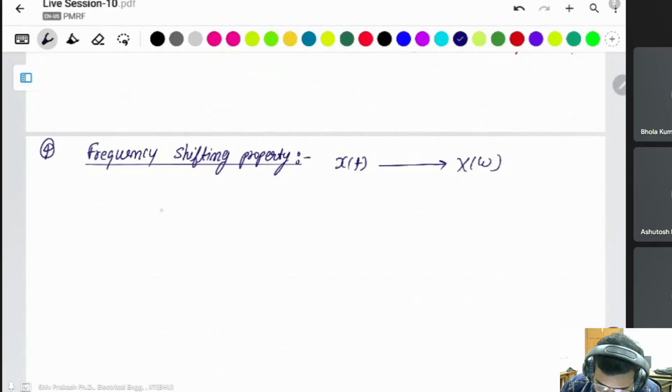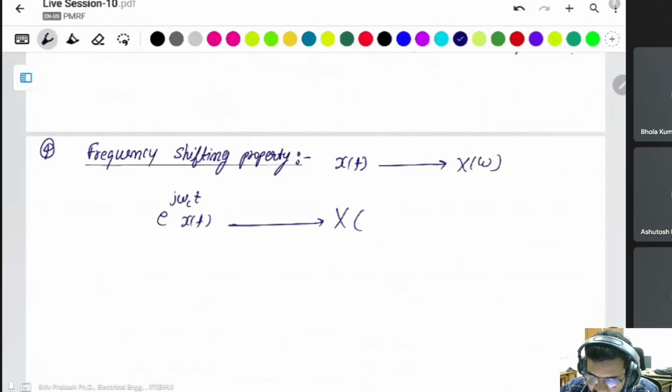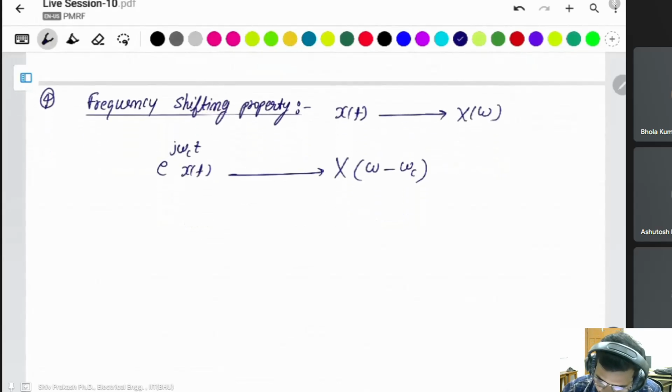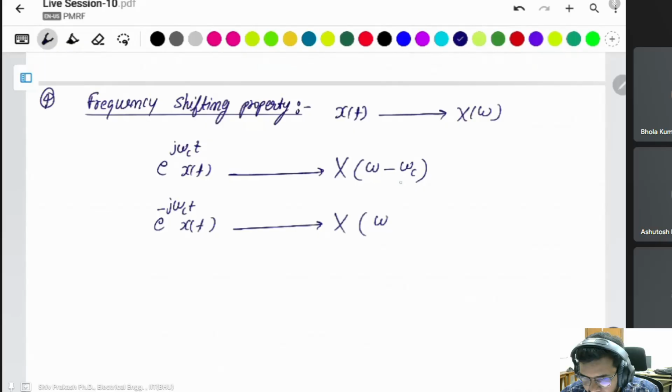If you multiply by some exponential term in time domain, then the effect on your frequency domain will be a shifting in the frequency. This is delay in frequency, this will be advance in frequency.